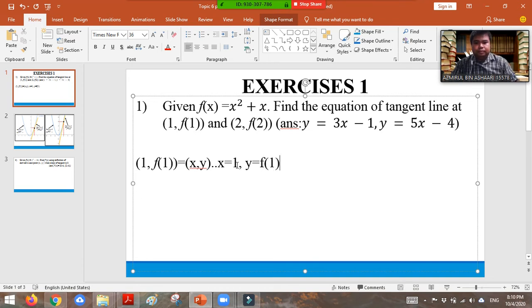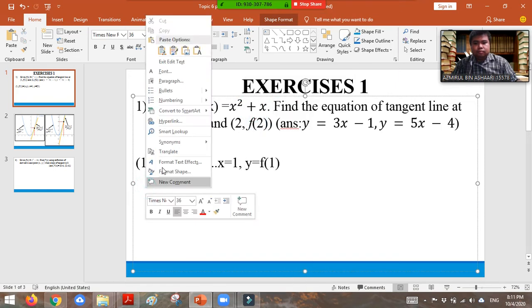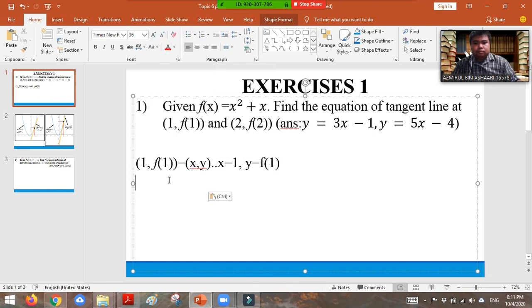So you know the point for x is 1, but you don't know the point of y. How you get y is by substituting into f(x).